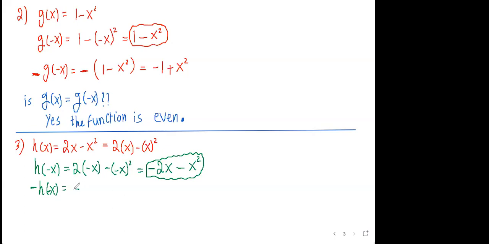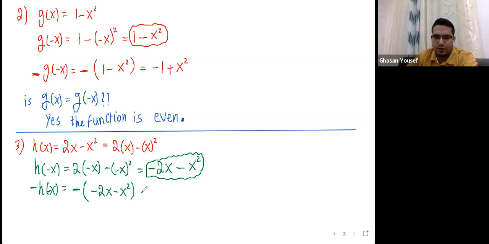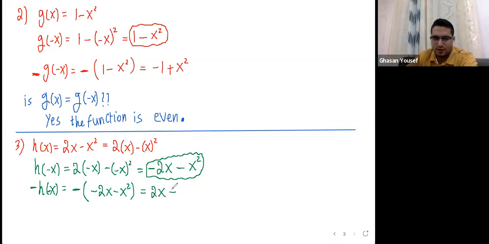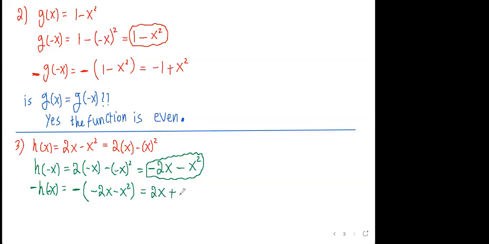Okay, go ahead. So it will be negative parentheses, and then we put everything inside. It's going to look like 2x plus x to the power of 2.